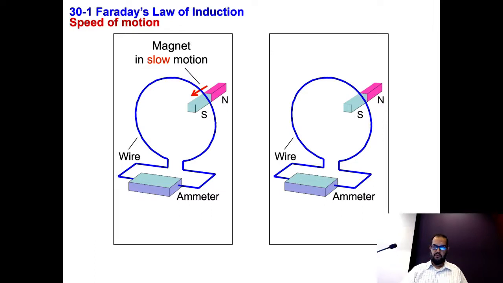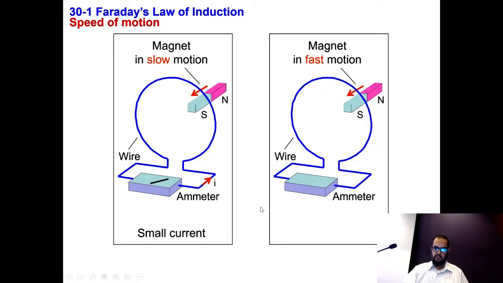If you move the south pole into the coil with a slow motion, you get a small value of the current. For example, the ammeter will measure a certain current. But if you move it faster, you'll get a stronger current.